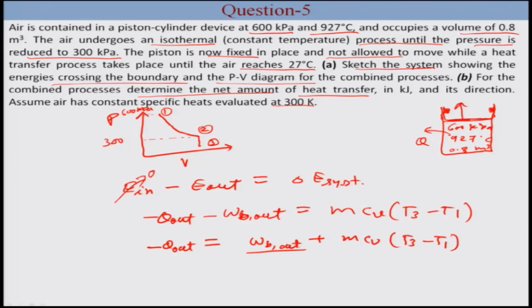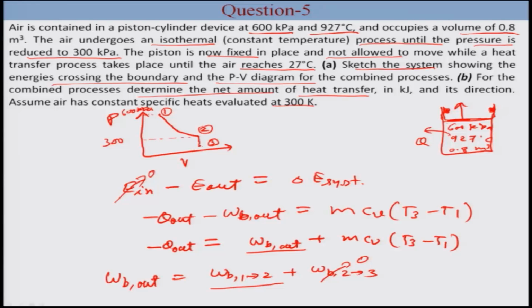Since the process undergoes an isothermal expansion from state 1 to state 2, and then an isochoric process from state 2 to 3, the total work W_B,out will be W from state 1 to state 2 plus from state 2 to state 3. The isochoric process has zero work because volume is constant. The only work done by the system is during the isothermal expansion.